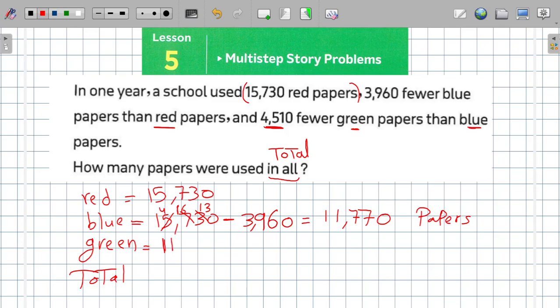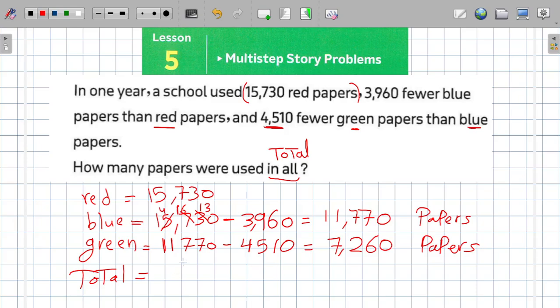So I have 11,770 minus 4,510. Okay, so 0 minus 0 equals 0. 7 minus 1 equals 6. 7 minus 5 equals 2. And 11 minus 4 equals 7. So the number of green papers is 7,260 papers.